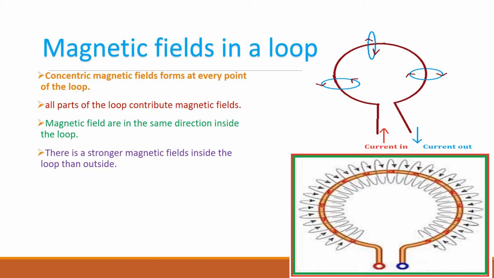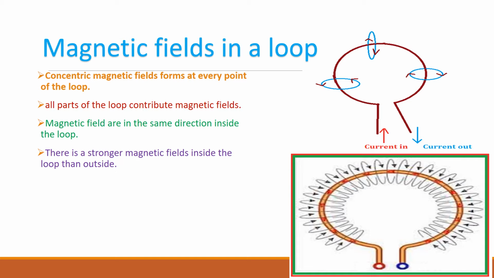All parts of the loop contribute to magnetic fields. As you can see from figure B, we have very many concentric fields all around the loop. So each magnetic field at a particular point contributes to the overall magnetic field on the loop.